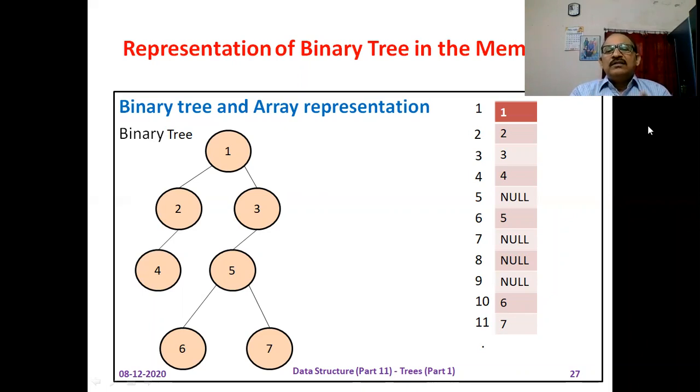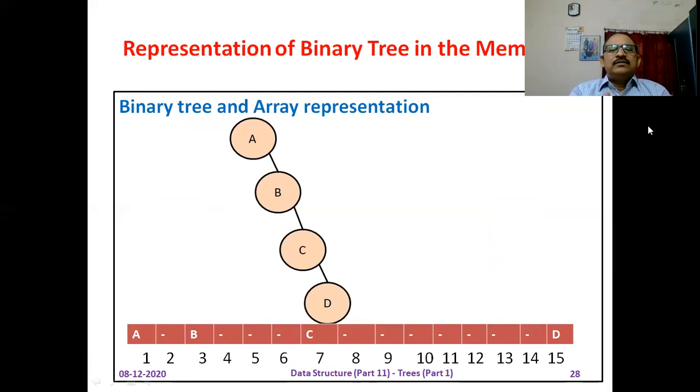Here you can see at the 7 location, the null value is stored. So this way we can store a binary tree with the help of array into a computer memory. Okay.